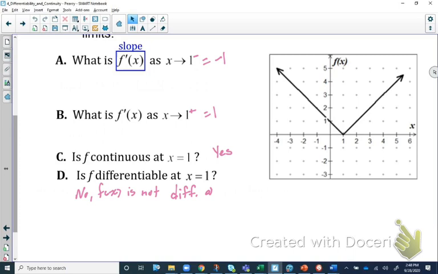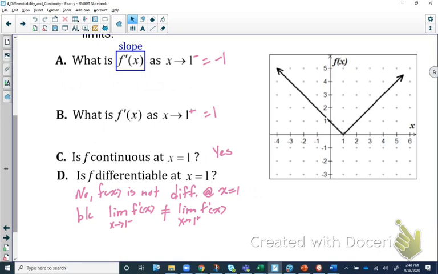isn't differentiable at x equals 1, and the reason why is because the limit of the derivative that we had there, f prime of x, as we approached 1 from the left-hand side, did not equal the limit of the derivative as we approach 1 from the right-hand side.